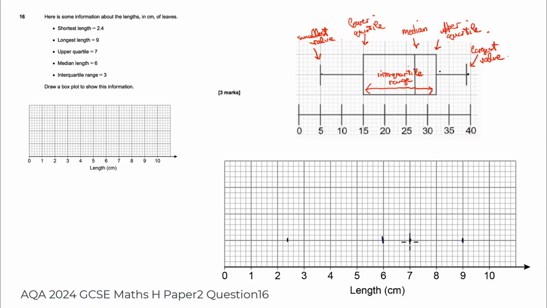So the upper quartile is at 7. The interquartile range is 3. The length of the box is 3. So let's count along. 1, 2, 3. There's the lower end of the box, so that must be the lower quartile at 4. So let's put the box in.